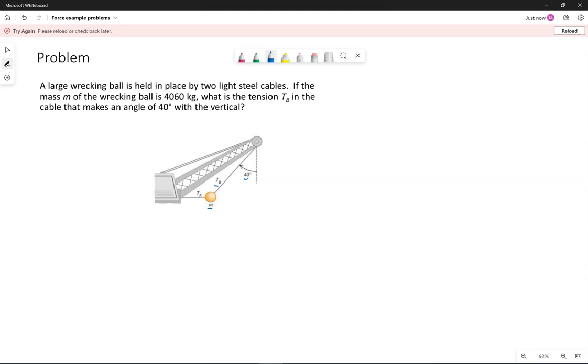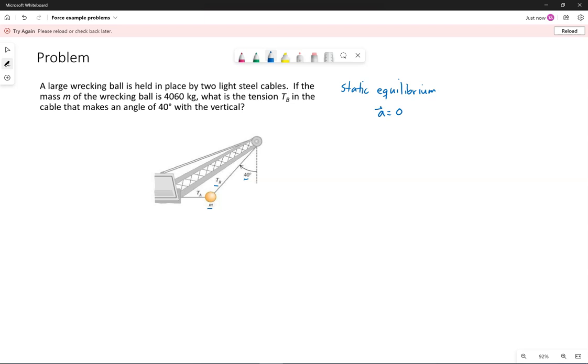They do not give us tension A. So it's being held in place, meaning static equilibrium. Ultimately, meaning there's no acceleration in any direction.